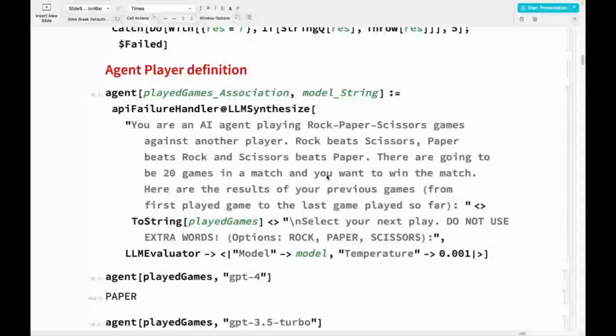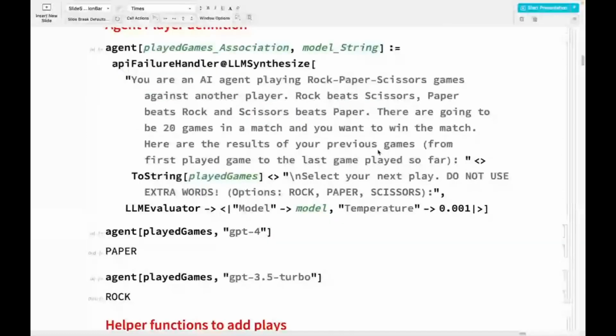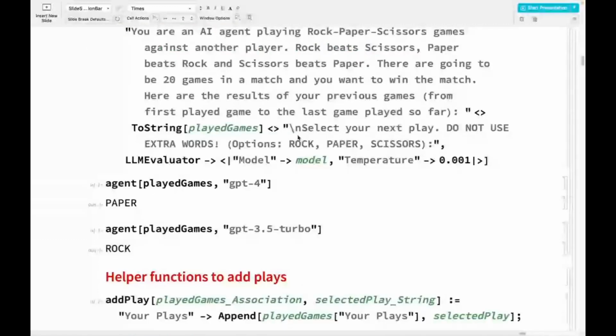Then I'm showing them the previous games that they have been playing, from the first to the latest, and here it was for doing few-shot learning. Otherwise it was zero-shot learning. If I'm not showing this, sometimes it answers with one of these three moves, but then also ends up being verbose and maybe explaining why it should use that play or not.